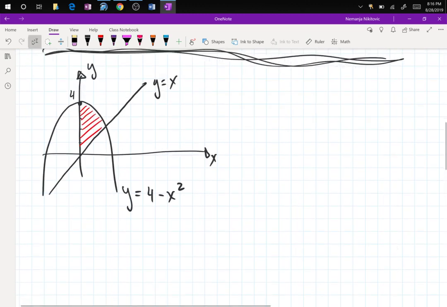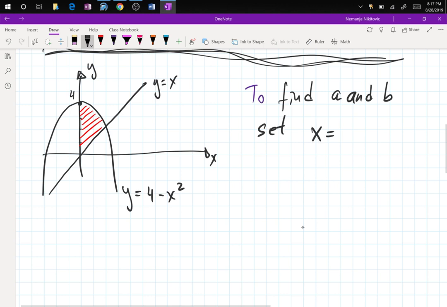So now I know to find a and b, I set x equal to 4 minus x squared.